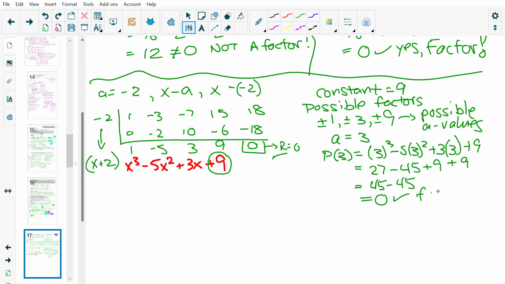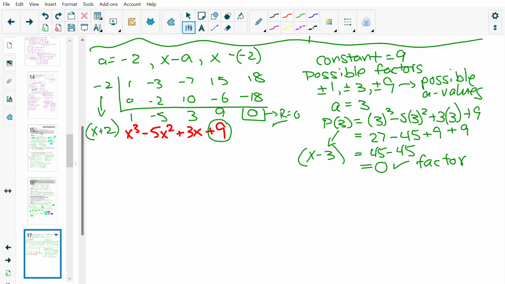Minus 45, well, look at that, 0, so that is a factor. So x minus 3 is a factor.